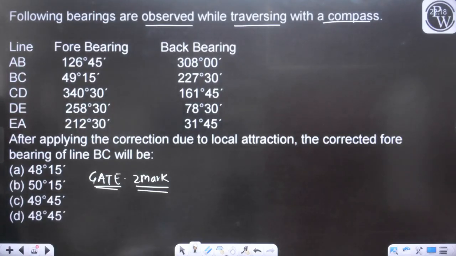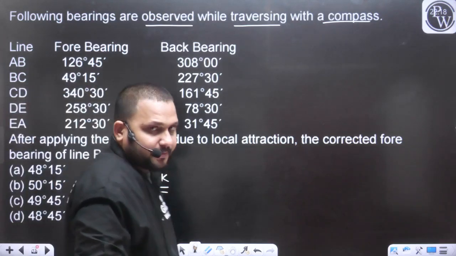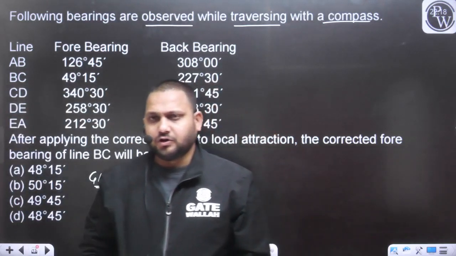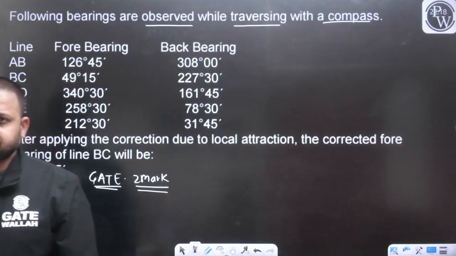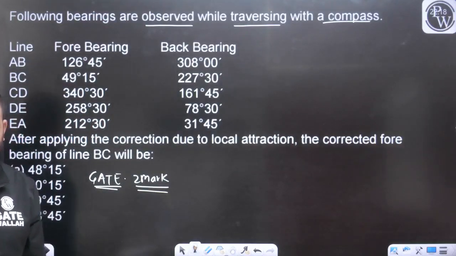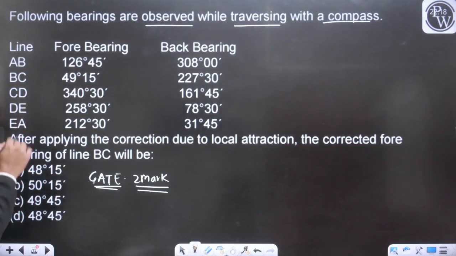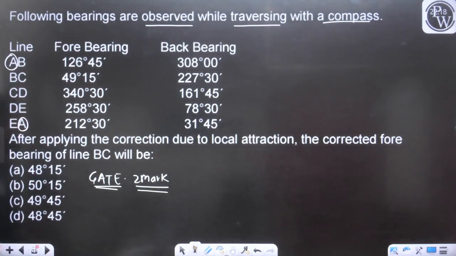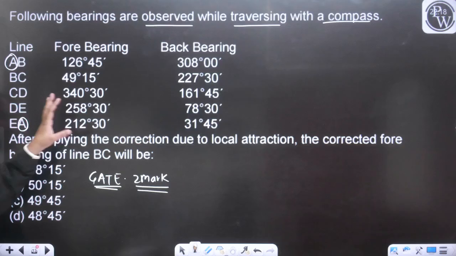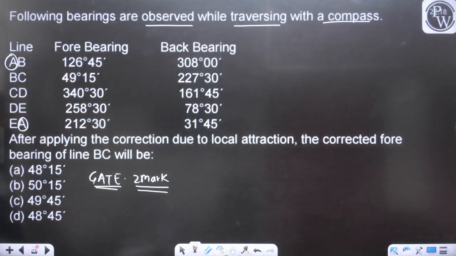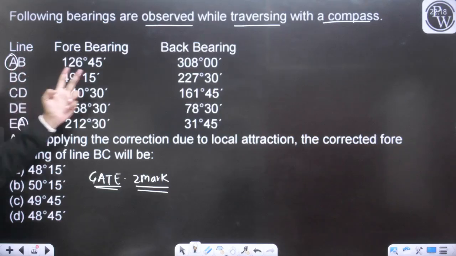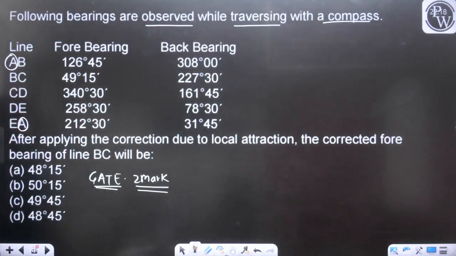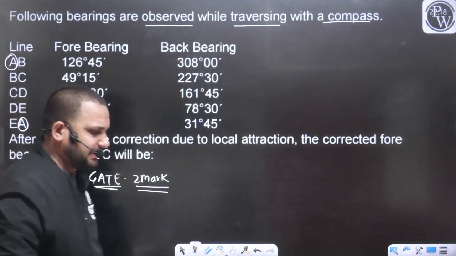Sir, how do you know this is a closed traverse? Because in this traverse work, A was the starting point and A is the end point. So this survey you have performed is a closed traverse. For the line AB, you have measured the fore bearing, and for the same line AB, you have measured the back bearing with the help of the compass.